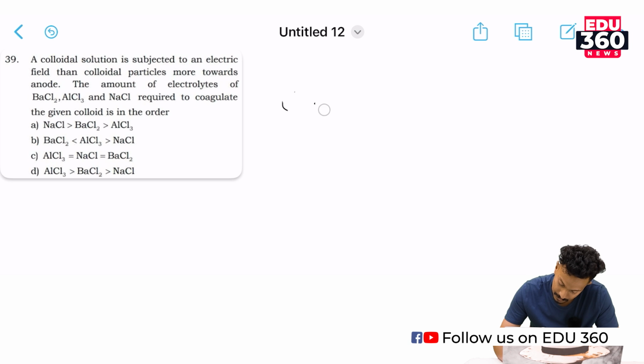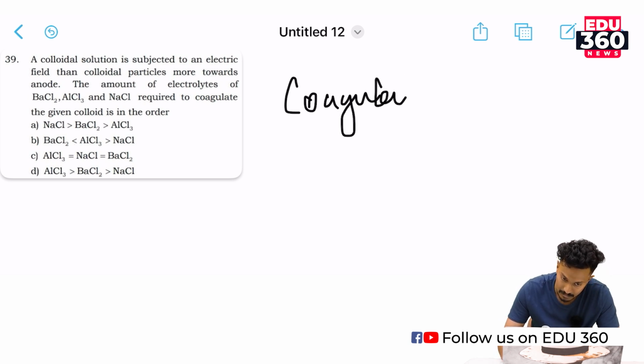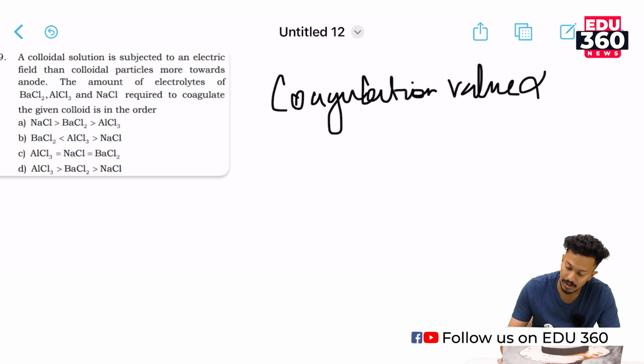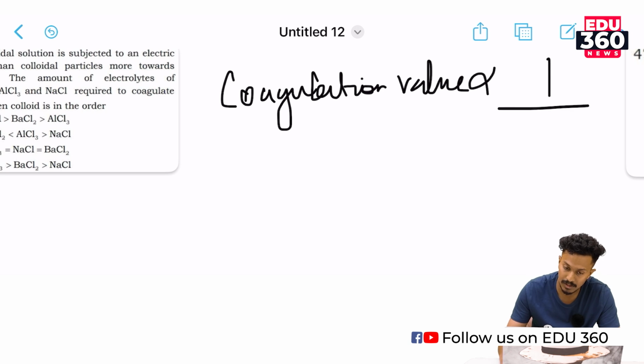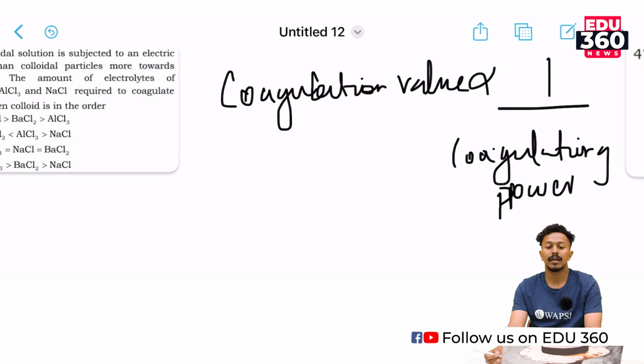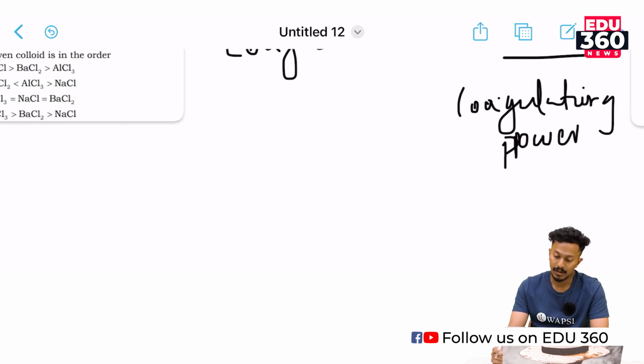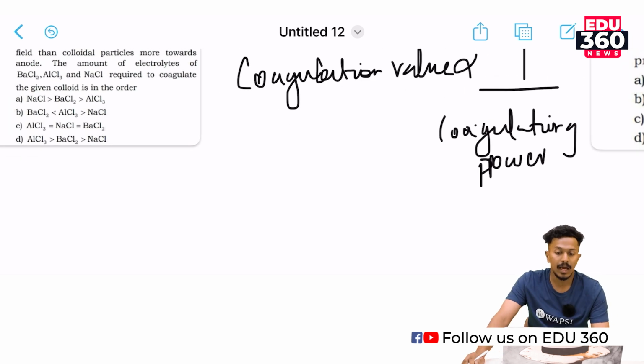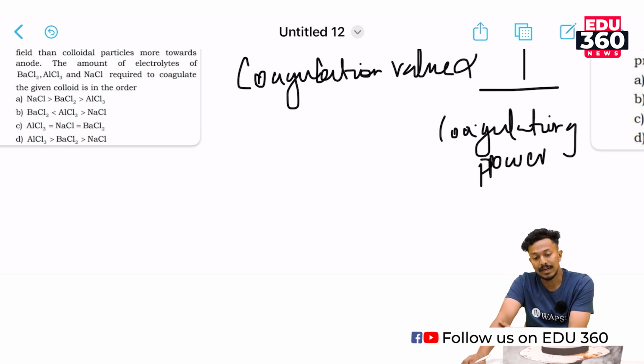The coagulating value is inversely proportional to coagulating power. You have to find out this power. Do you get that? The ions are moving towards the anode, that is, it is a negatively charged colloid.